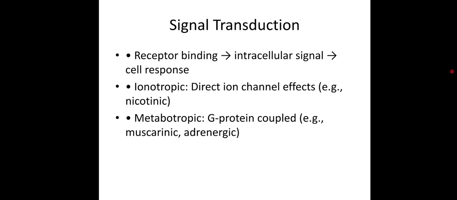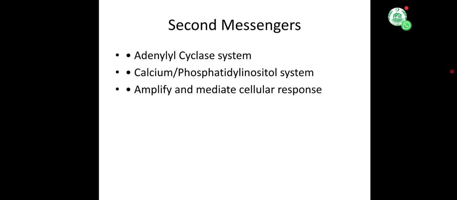Well, in case of metabotropic, which are GPCRs, G protein coupled receptors, which are muscarinic and adrenergic, there will be induction of the secondary messenger like cyclic AMP or cyclic GMP. By increasing the concentration of cyclic AMP or cyclic GMP, what will happen? Actions will occur differently.